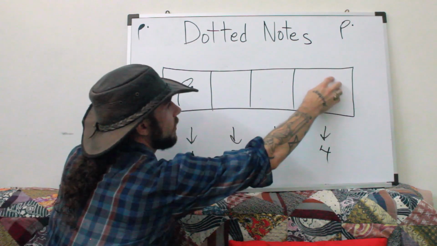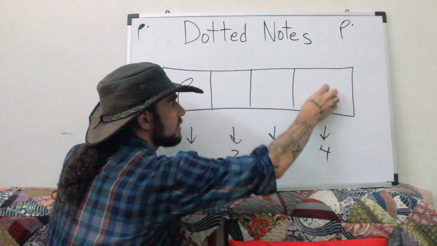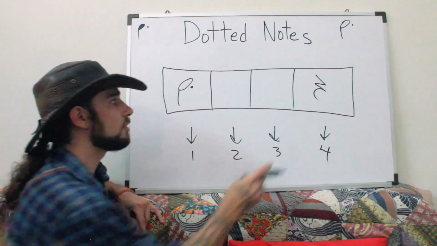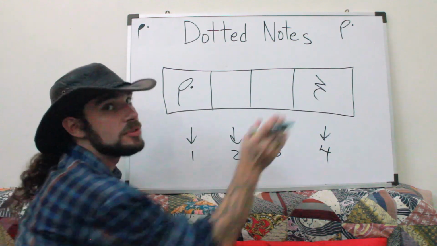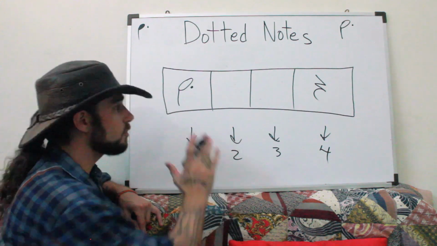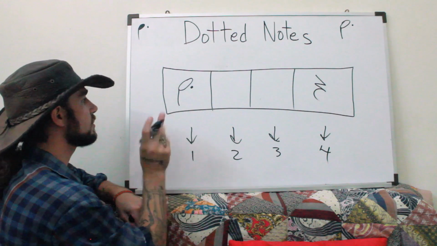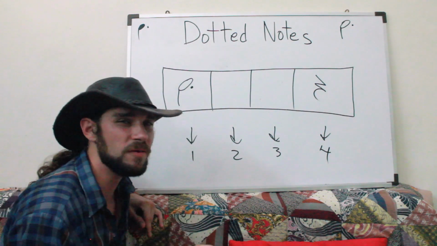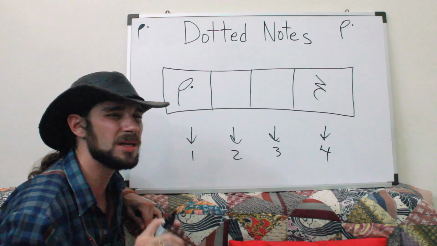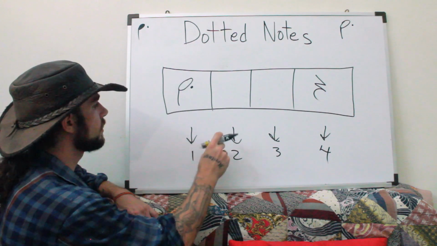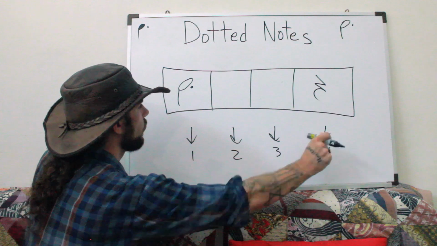Okay, so now we have an empty box here, and you could put a quarter rest, you could put a quarter note, you could put 2 eighth notes, as long as we fill all of the space. So let's see what this sounds like, and then we'll look at a few of the common dotted cliches that you're going to encounter. Alright, so 1, 2, 3, 4.